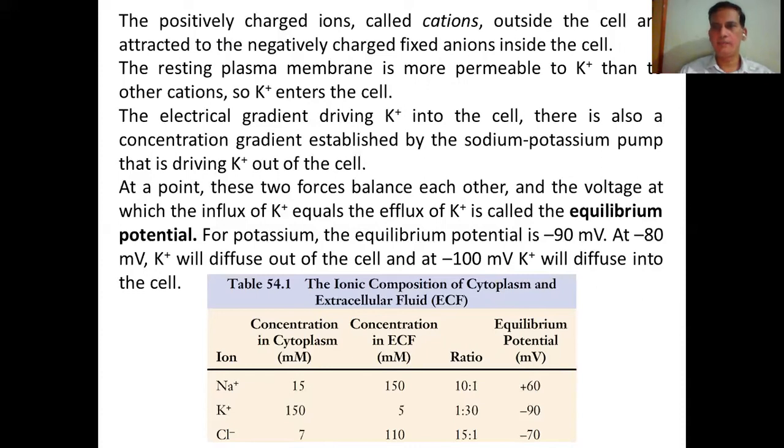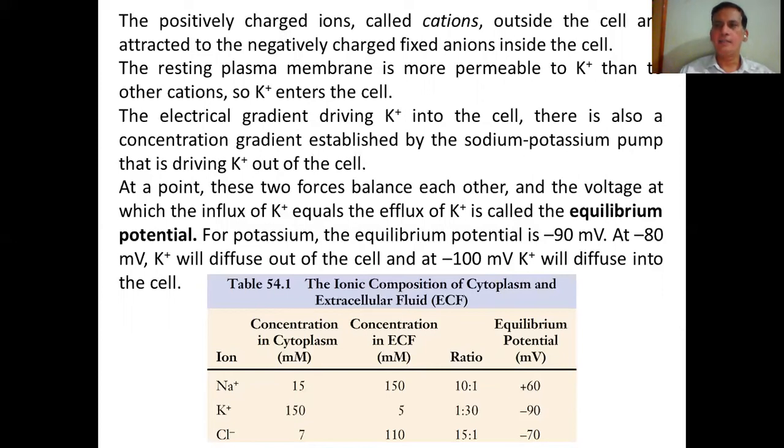For potassium, the equilibrium potential is minus 90 millivolt. So if, let's say, the potential is minus 80, it means there is a difference of 10 units. To bring it to minus 90, potassium will move out.